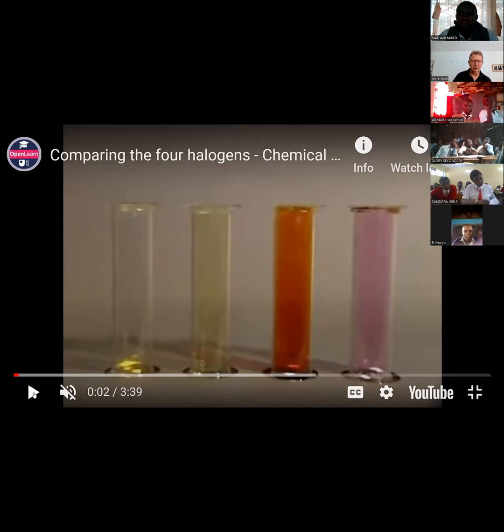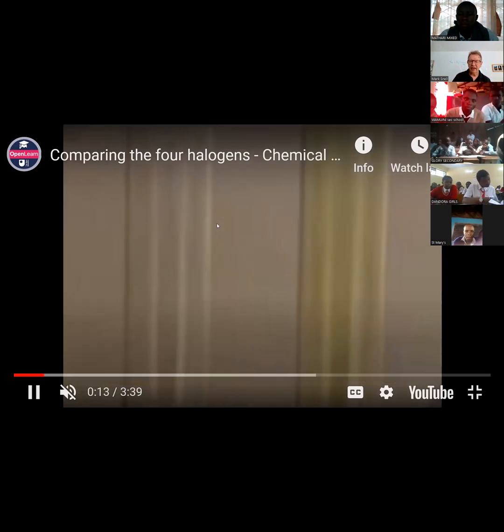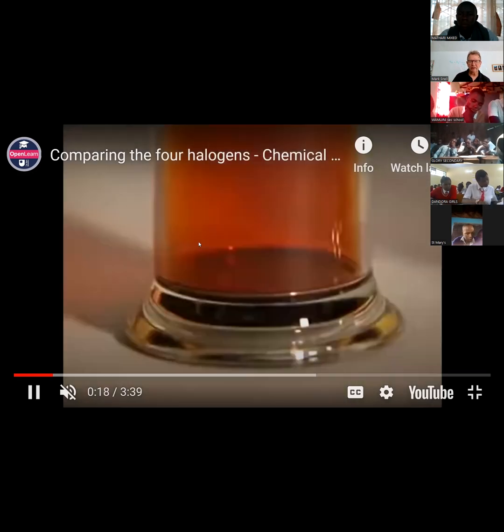So let's just have a look at them. Here they are. It might be worth writing that down. F2, green gas. Cl2, yellow gas. There's fluorine, it's almost colorless.